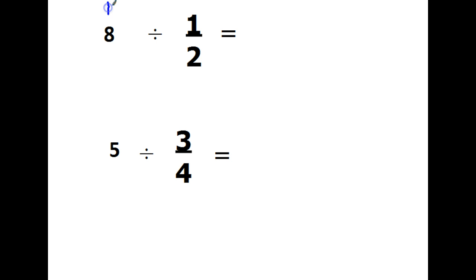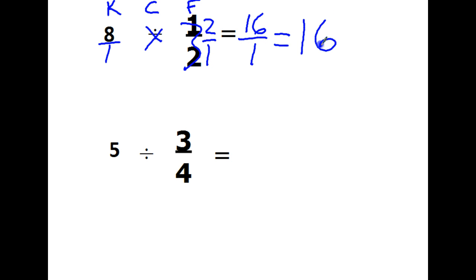What was that saying? Keep, change, flip. 8 over 1 times 2 over 1 equals 16 over 1, which equals 16. Keep, change, flip.